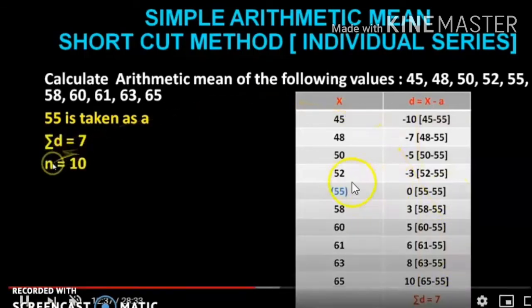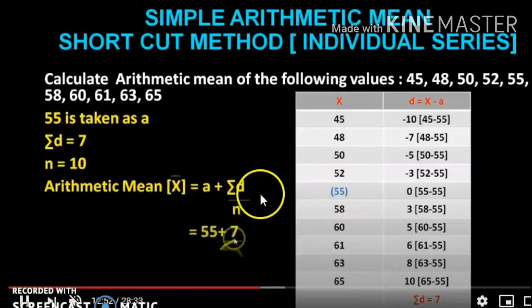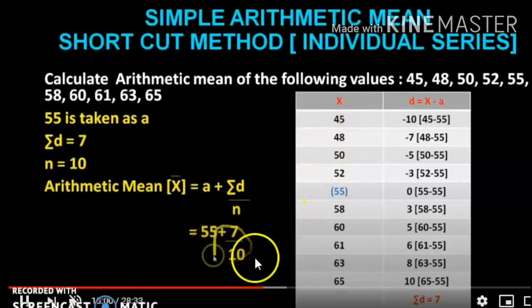So how will you calculate? The number of values is 10. So what is the formula? Arithmetic mean x bar equals A plus sigma d by n. Here A is 55 and sigma d we got as 7, divided by the number of values, 10.